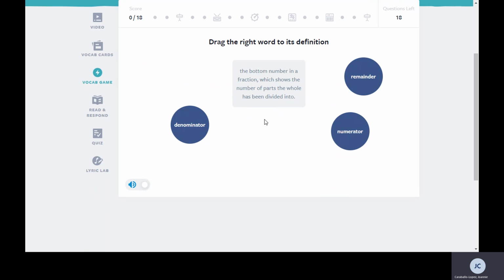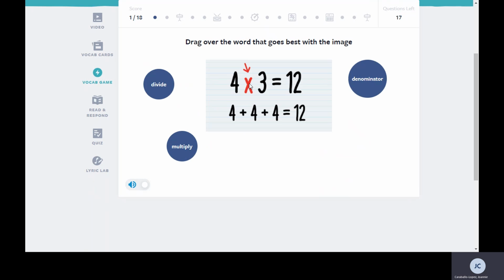You come over here and you do it. It says drag the right word to its definition. Ustedes escojan quién va a venir. Go ahead, drag it. Ok, un punto para este equipo, un abrazo.